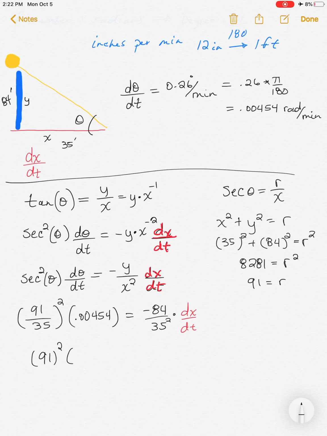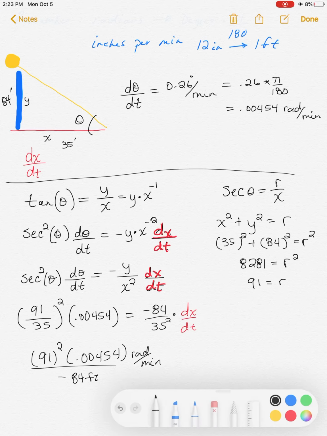After simplification, we have 91 squared times 0.00454, and I did a no-no by not putting the unit on that, divided by negative 84 feet, and this is 91 feet up here.